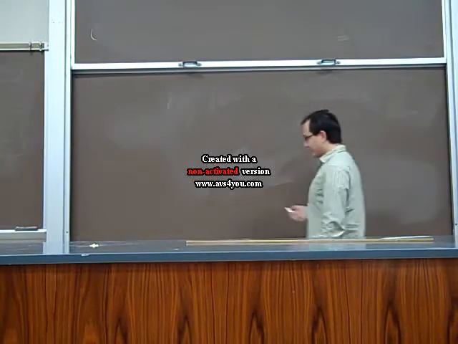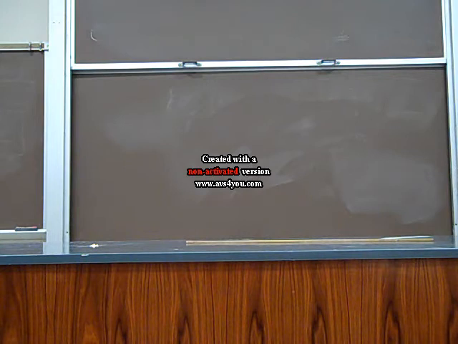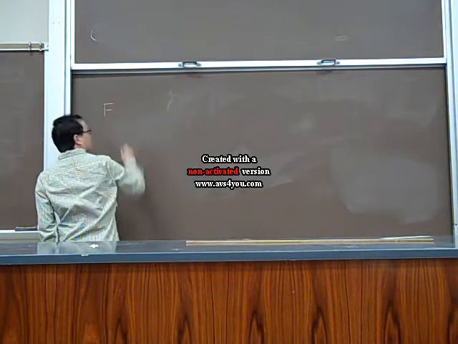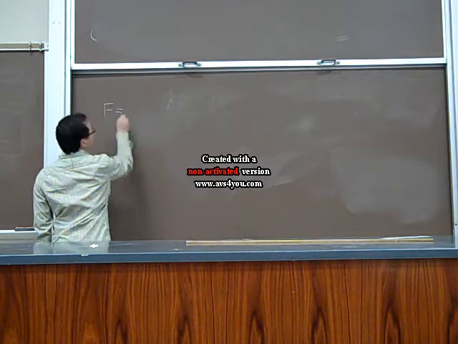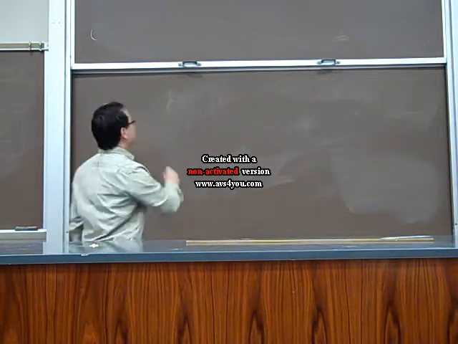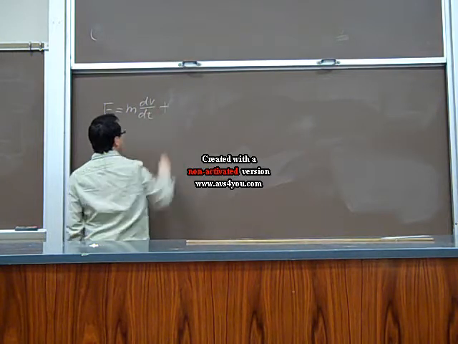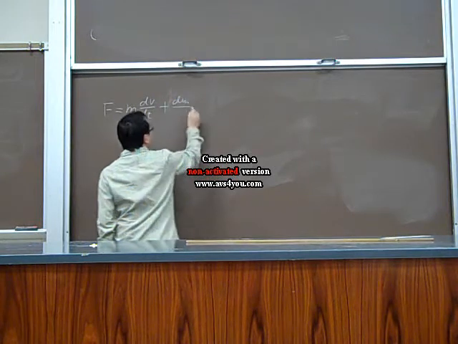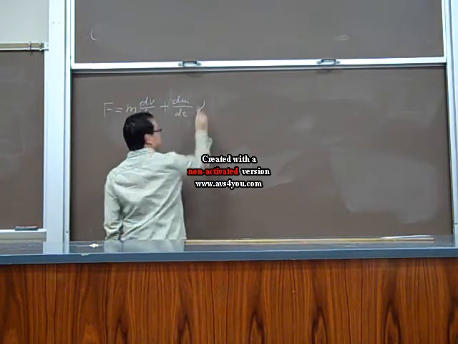Okay, let's go back to rocket. We don't have a rocket now, but we know that to calculate any problem with varying mass, F equals m dv over dt plus dm over dt multiplied by v.